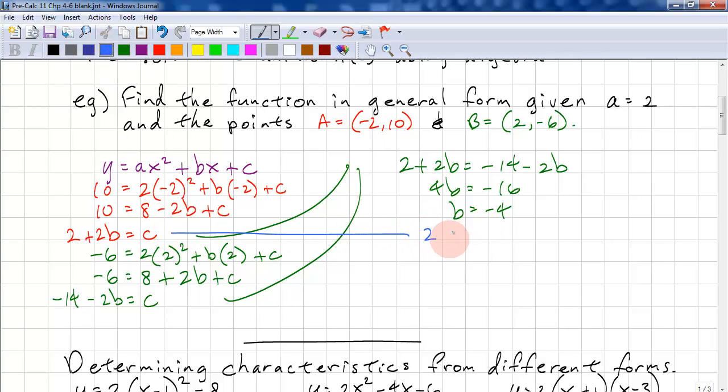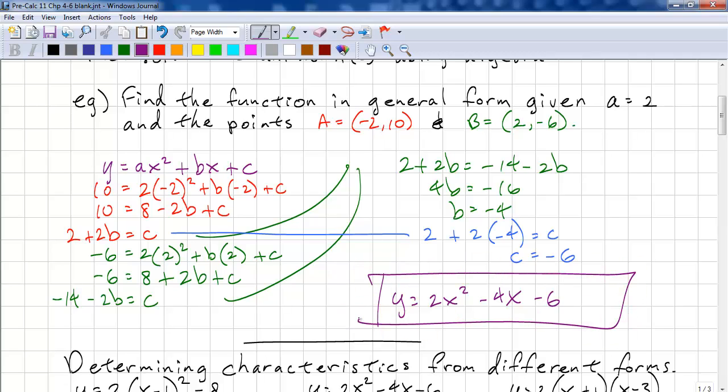We have 2 plus 2 times negative 4 equals c. So c equals 2 minus 8, that's negative 6. Plugging everything back into the beginning, we have y is equal to 2x squared, because a is equal to 2, b is minus 4x, minus 6. And that's our equation.